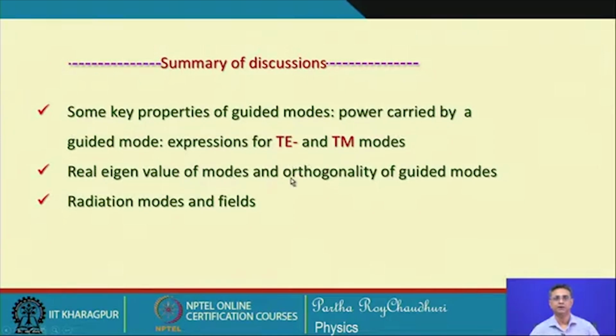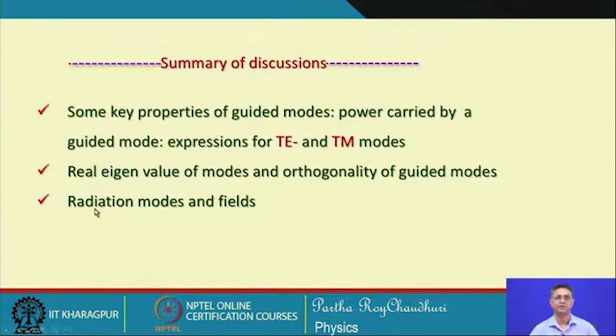Then we looked at the orthogonality condition. We found that the eigenvalues of the modes are real and the modes are orthogonal: every mode is orthogonal to every other mode, meaning the product of the wave functions integrated over the whole space is equal to 0.